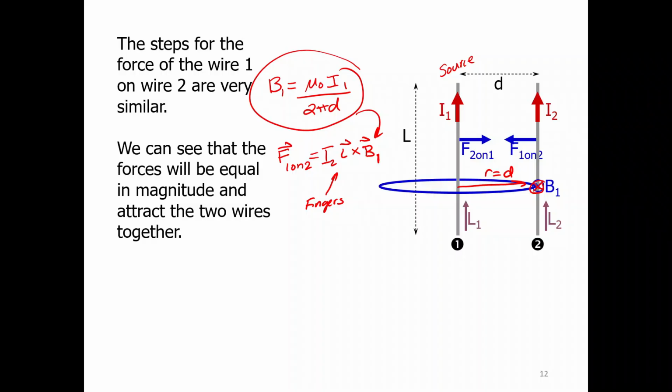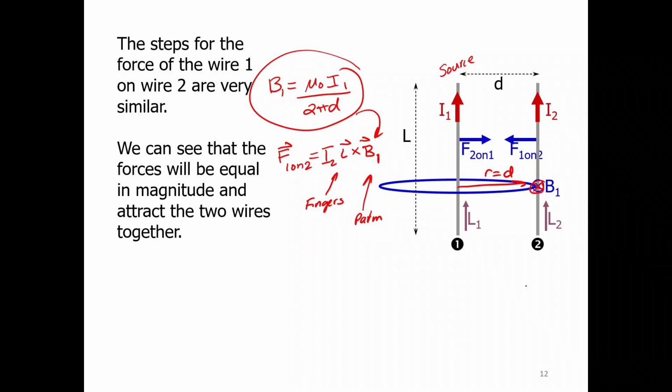I keep my fingers straight, and then I rotate my palm so that it faces B1, which is into the page. So my fingers are towards the top, B1's into the page, and my thumb points to the left. So I can see that those are going to be attractive forces.